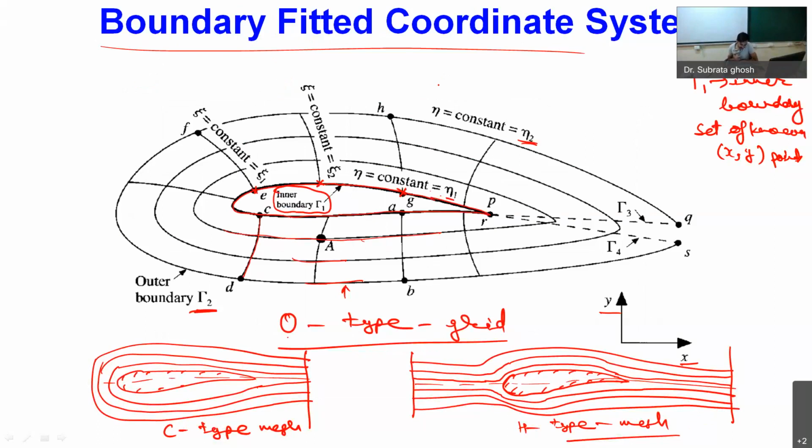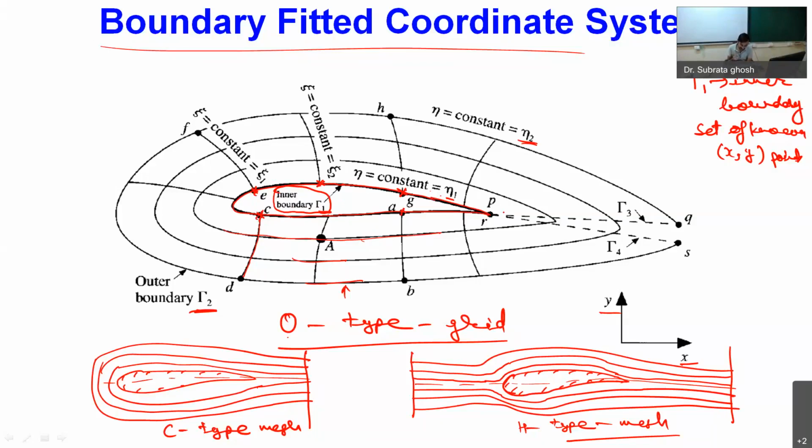Now to answer this question, let us physically try to understand this. As I told you, this inner boundary of the grid is represented by gamma 1, and at this boundary all the XY values are known to us. How are the XY values known? Because in this physical plane we know the boundary of the aerofoil, so corresponding to that we can locate different XY values.